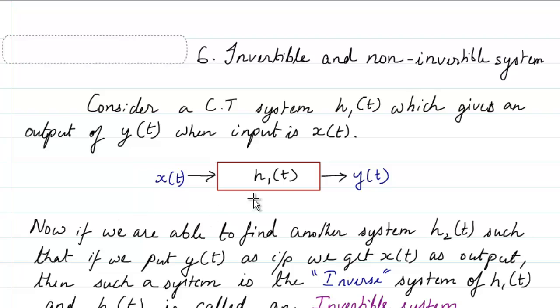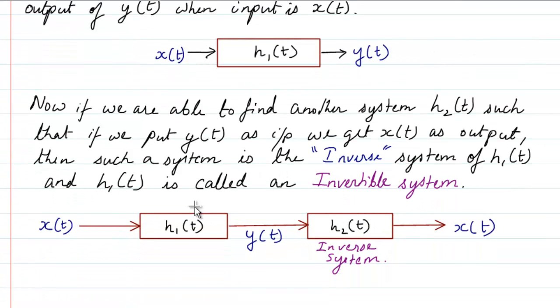Now if you are able to find another system h2 of t such that when you put y of t into it, you get an output which is x of t. Look at this image. You have h1 of t, wherein when you gave an input x of t, you got an output y of t, and that y of t you gave to another system such that you got back the original x of t.